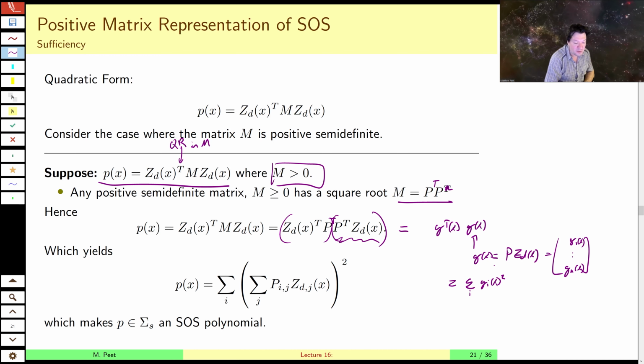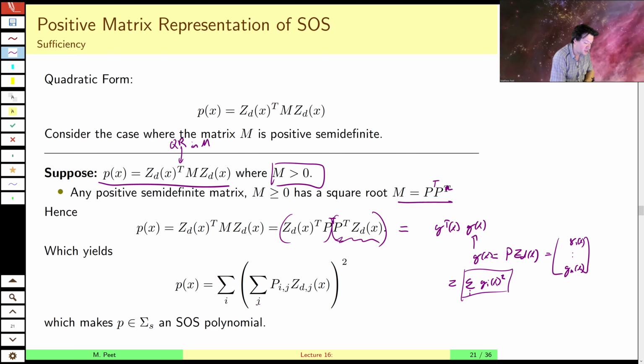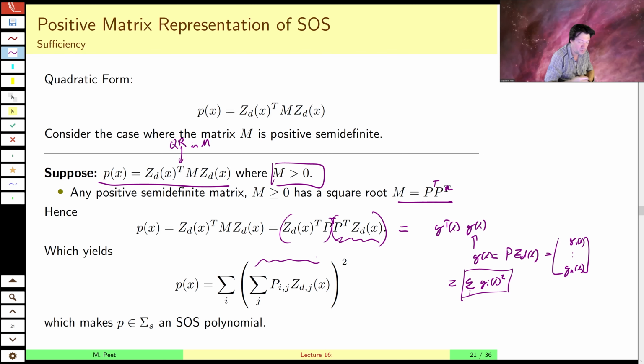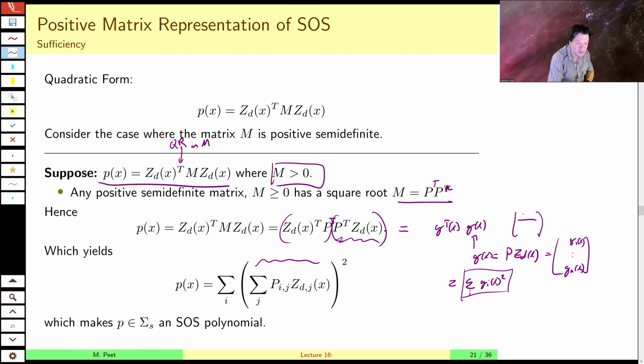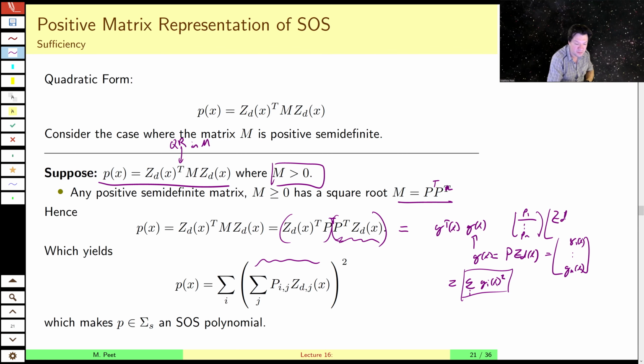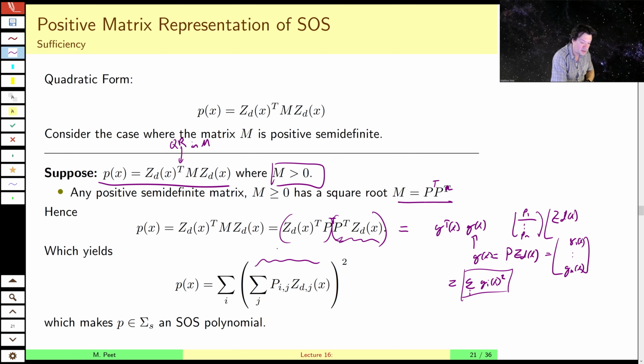And so when we take the square, we square each of them, and so that's equal to G_i of x squared. Now, what are each of those G_i's? Well, those are just the rows of the P, P1 down to Pn, times Z_D. So this is row multiplication.